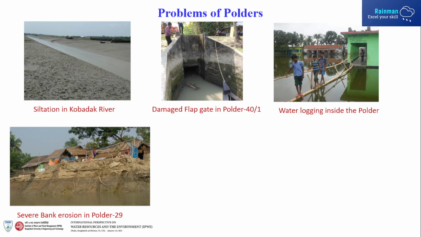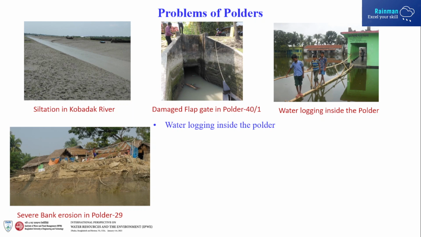At that time, control structures like regulators were also constructed along the embankment. Over time, the condition and functionality of the control structures has deteriorated, and waterlogging problems are seen inside the polder. The design was carried out at that time without considering climate change. And now we are seeing the impact of climate change, and we are seeing the waterlogging problem inside the polder.